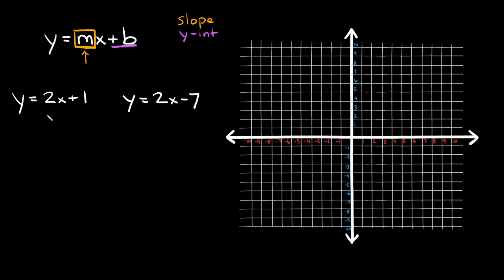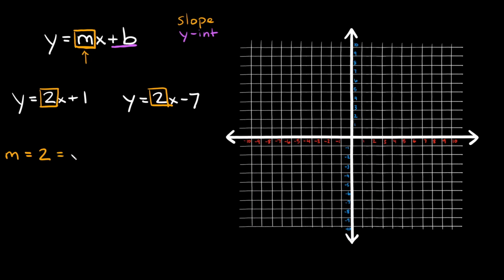Well, in order for them to be parallel, they have to have the same slope. And the slope comes from the number right next to the x. There's a 2 here, and right here, next to this x, is also a 2. Since they both have a positive 2, same sign and everything, they have the same slope. The slope for both of these is equal to 2.